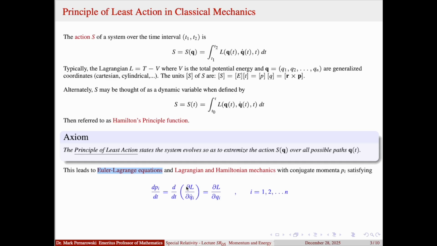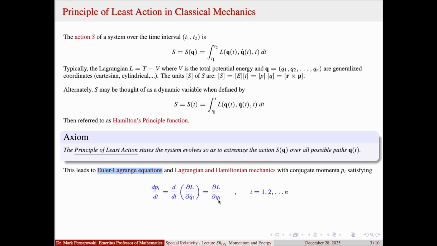And it leads to a natural definition of momenta p_i as being the partial of L in the velocity components. So this is the derivative of momentum in t, basically force components, is equal to the time derivative of this partial, and that's equal to this thing. And this is a necessary condition for the minimizer of the action.